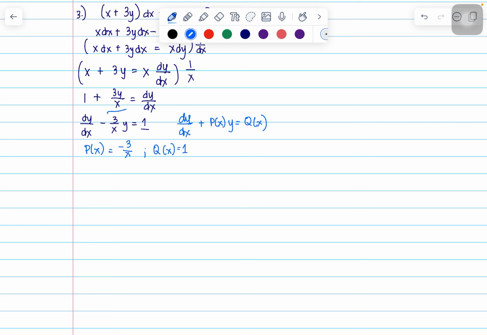Alright, so what is the formula again? So the formula is y e to the integral of p of x dx is equal to the integral of q of x e to the integral of p of x dx. Alright, substituting.